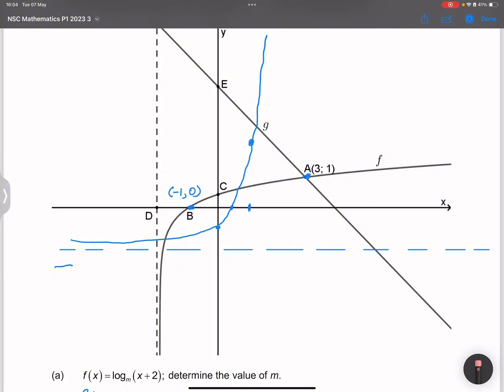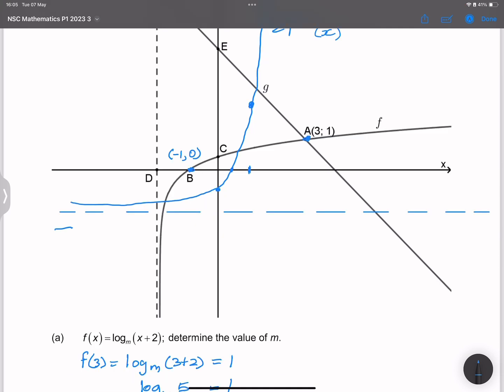So this is what the graph of f inverse would look like. So that's f inverse of x, the inverse of f. And they asked where do these graphs meet? So where does the graph of f of x meet the graph of g of x?